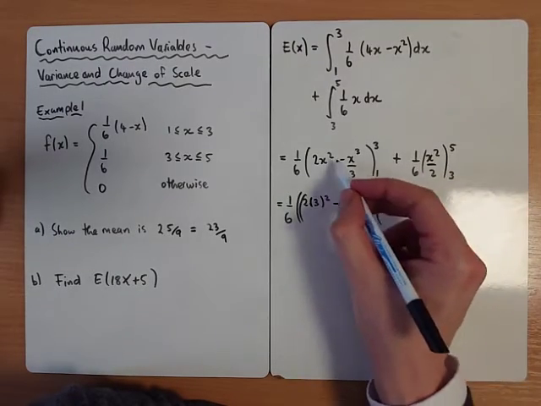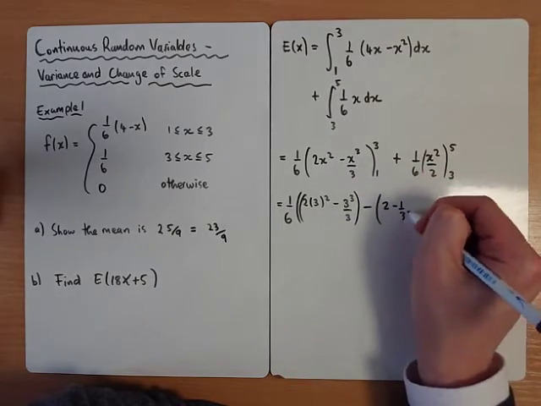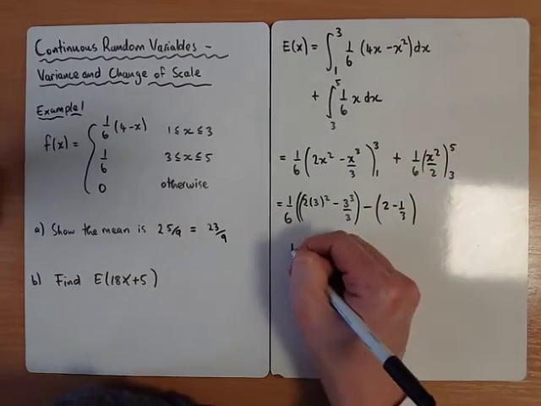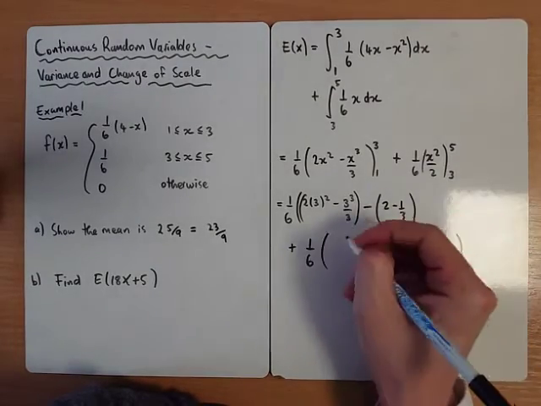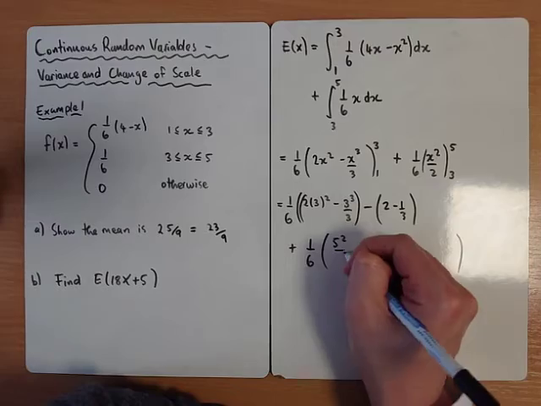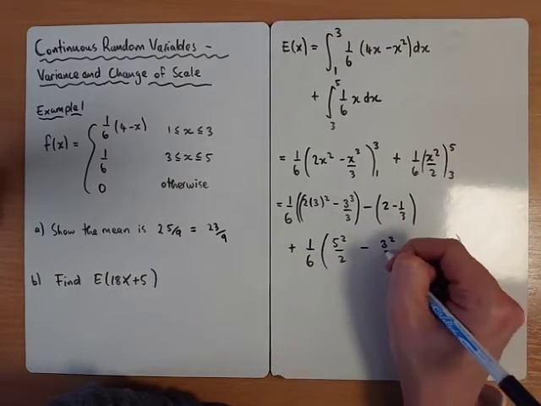So subtract, don't forget the bracket, so that'll be 2 minus 1/3. And we've got plus 1/6, 5 squared over 2 minus 3 squared over 2.